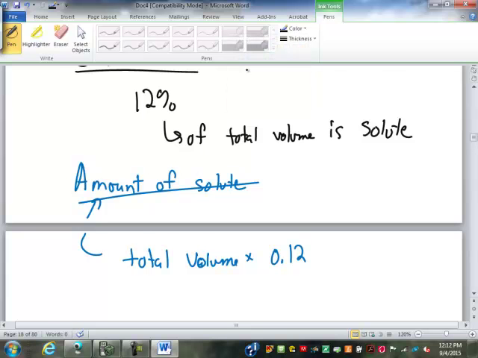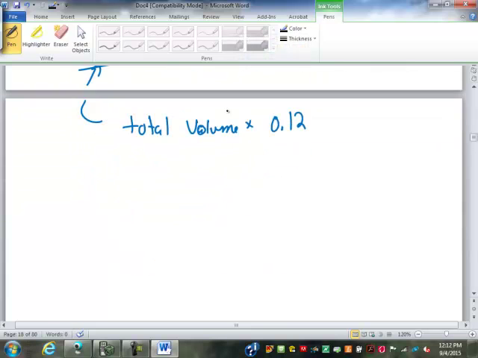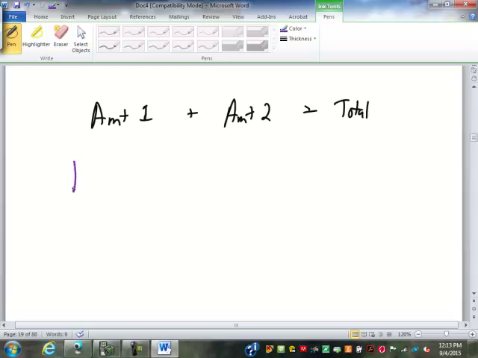When we are mixing two solutions, it is the amount of the solute that matters. The amount of solute in the first solution plus the amount of solute in the second solution will add up to the total amount of solute. So let's say that we are mixing 300 milliliters of, let's go 18% solution.